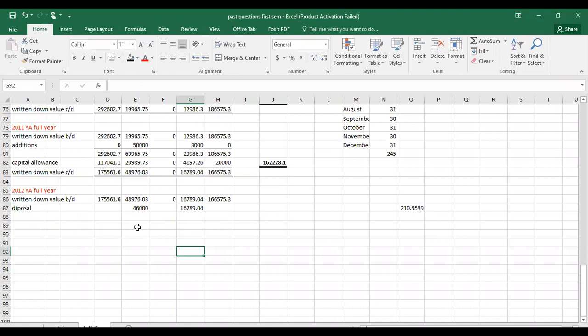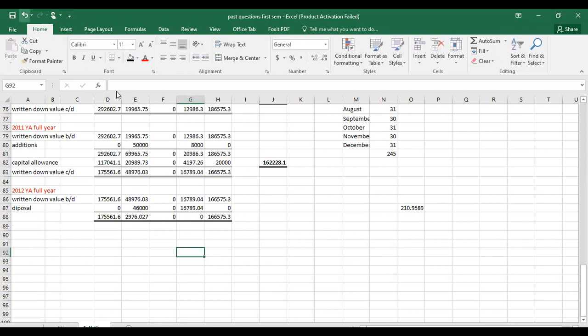So after the disposals, what is our balance? It is going to be equal to this minus that. And so therefore, oh, sorry, I shouldn't have closed it.